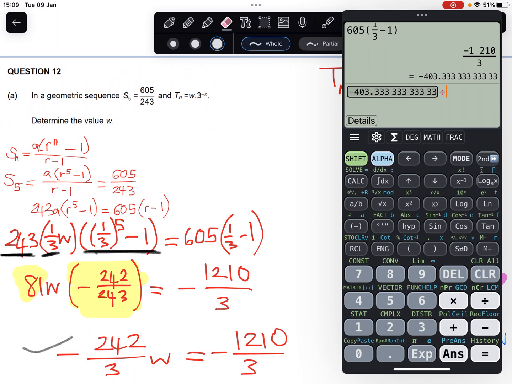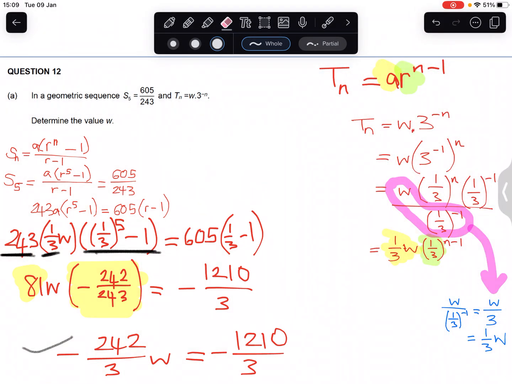And then I divided that number by negative 242 over 3, and that gave me 5. Okay, so this can go back to the drawer.